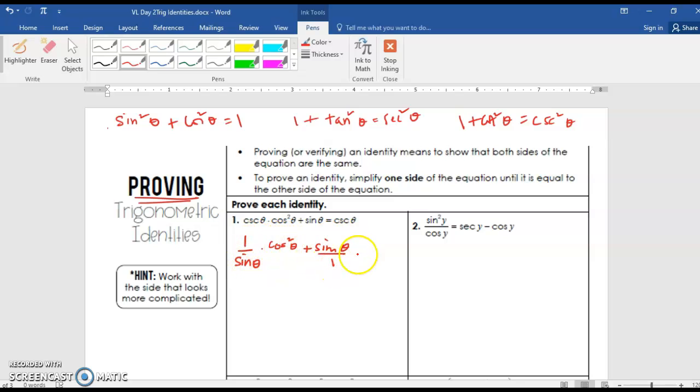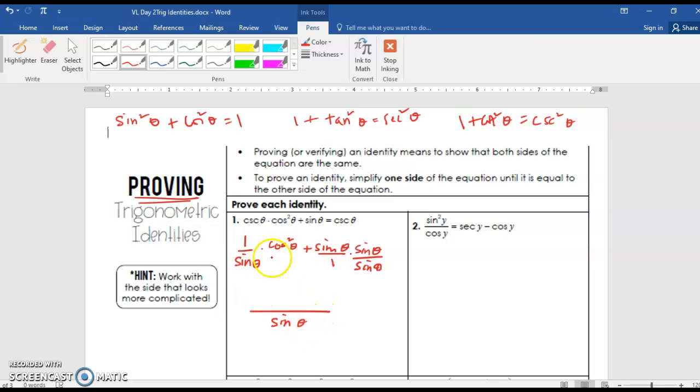I want to convert this also to a fraction and try to get a common denominator. So this guy doesn't have the denominator sine theta, so he's jealous. So he wants to multiply and divide, just so he'll have the same denominator as this guy. So now both have the same denominator, so we can put both of them under the same roof.